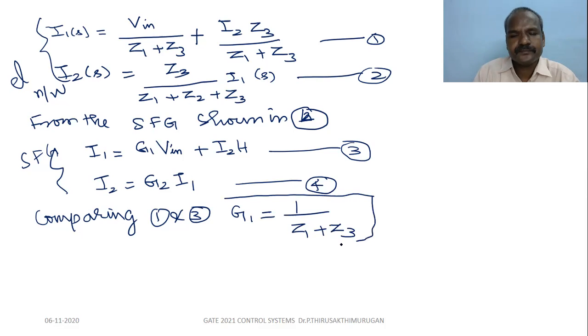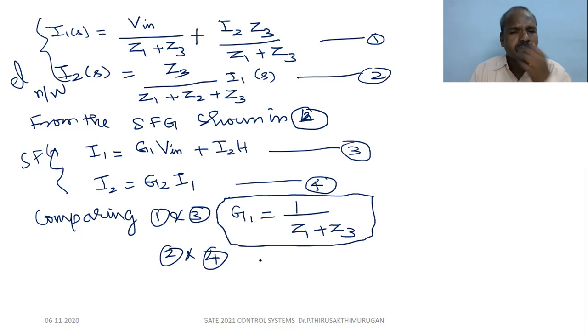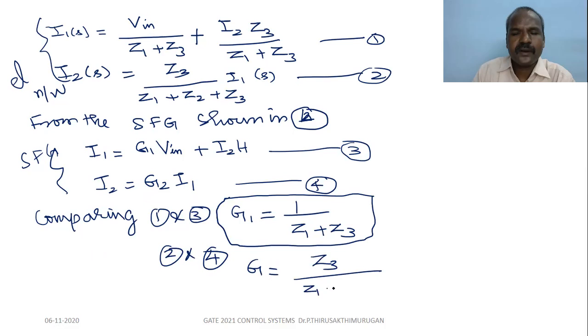Similarly, comparing 2 and 4, I2 equals the I1 coefficient G2, so G2 equals Z3 divided by Z1 plus Z2 plus Z3.